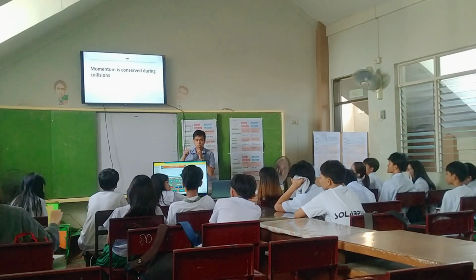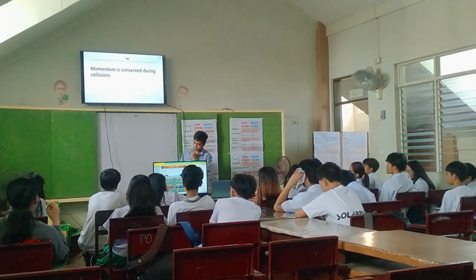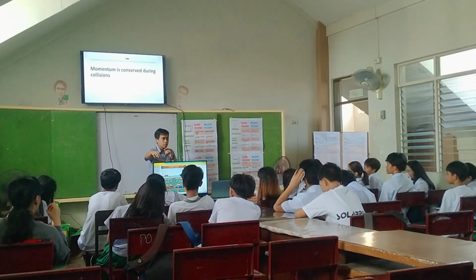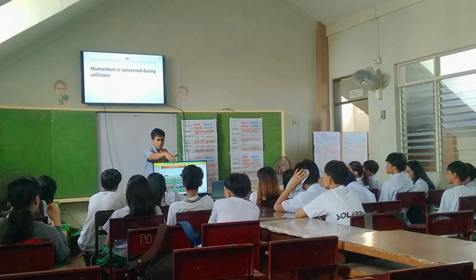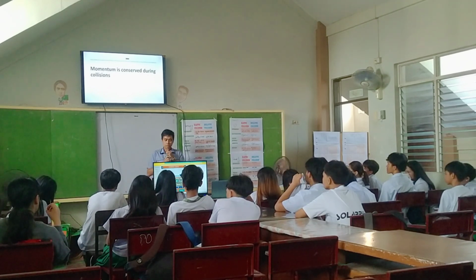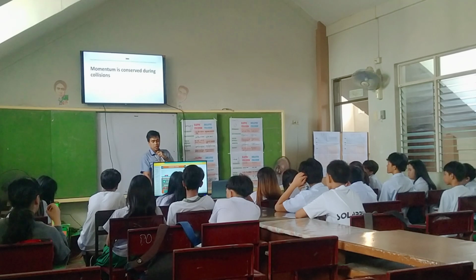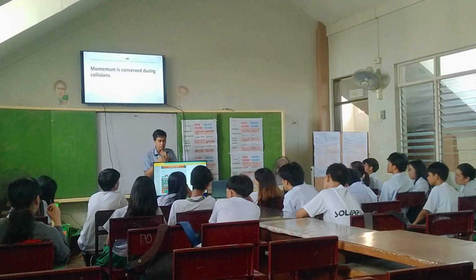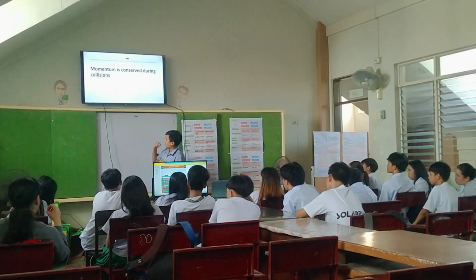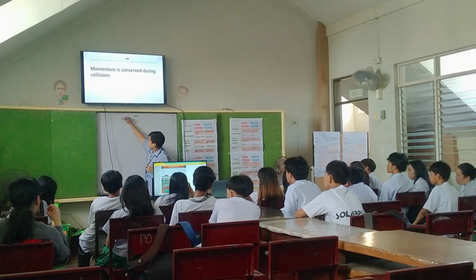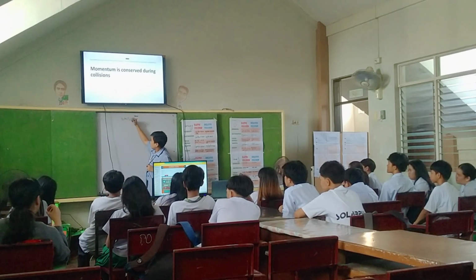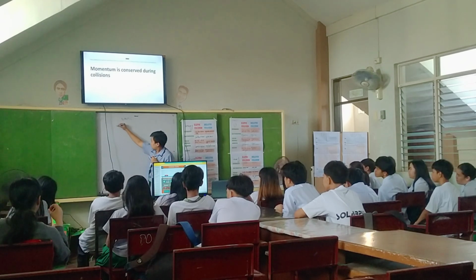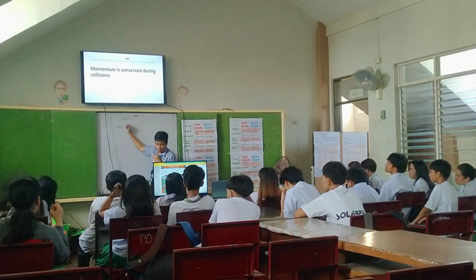I'm going to show you the conservation of momentum. We have here a collision simulation. As you can see, there's a red car and a blue car. What is the initial velocity of the red car? 5 meters per second.